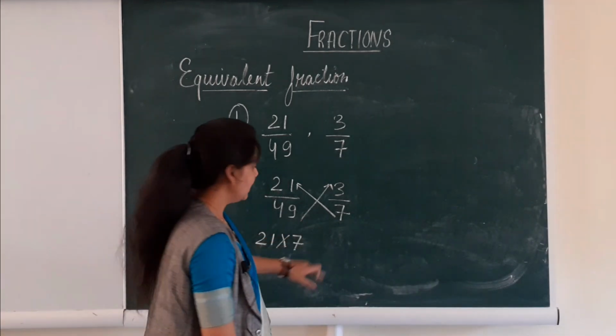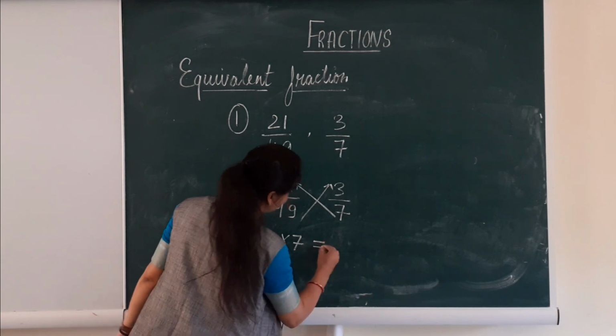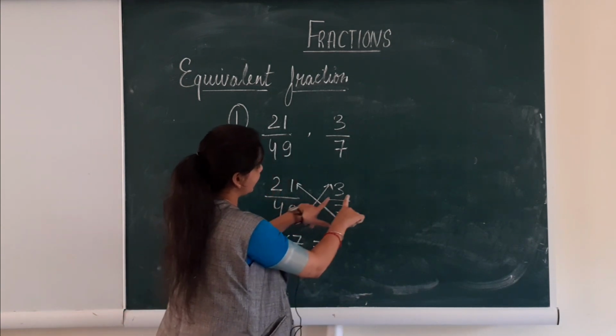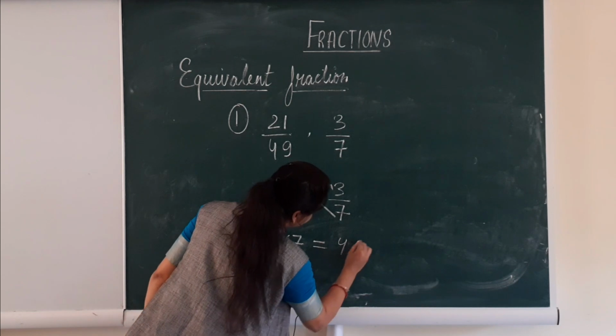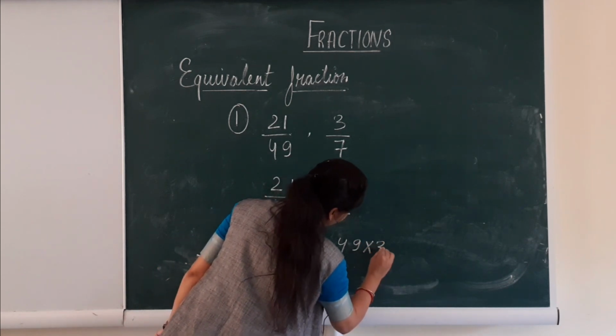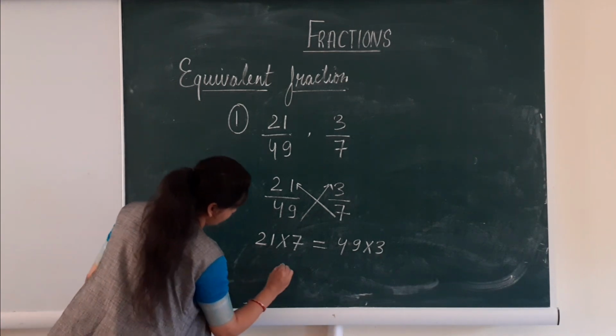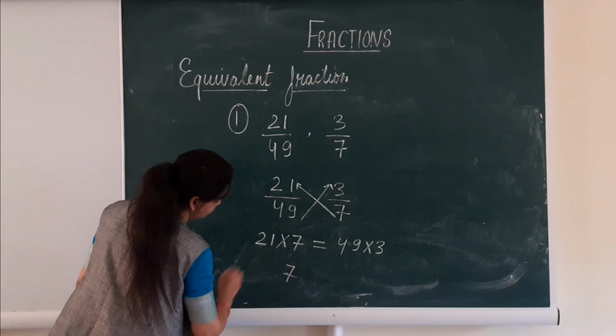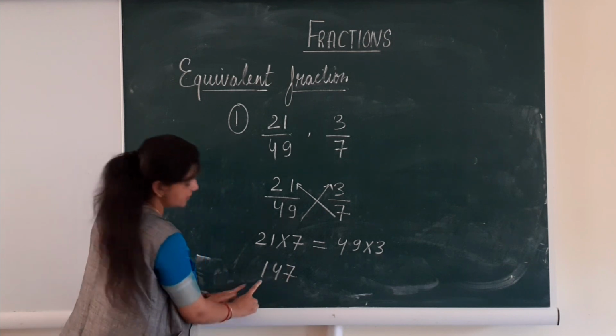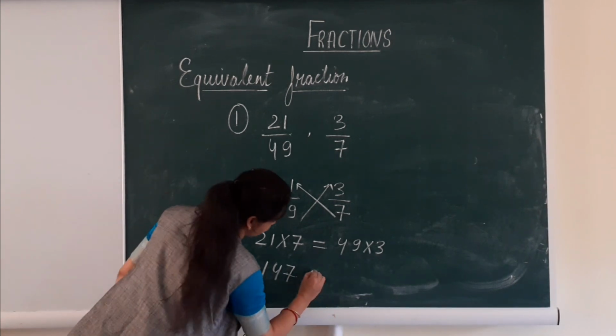Now we have to put equals to symbol to check the equivalency. This 49 will get multiplied by 3. So 49 multiplied by 3.